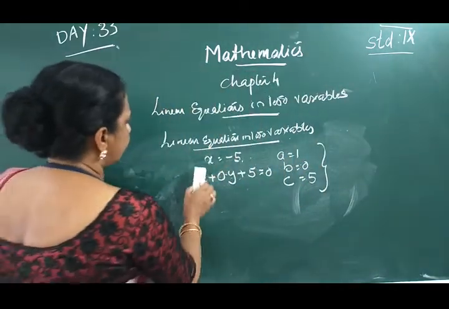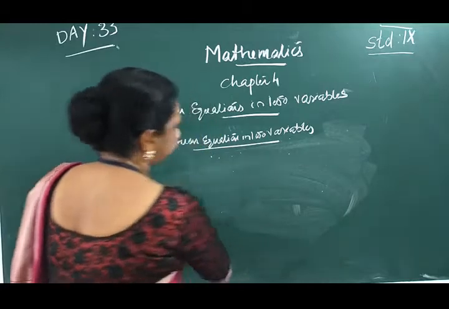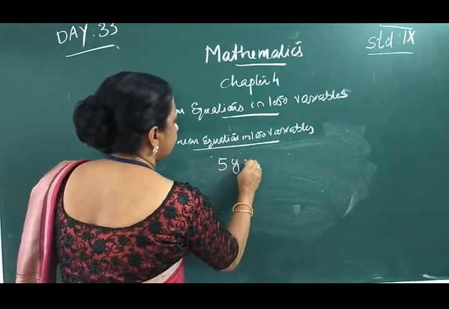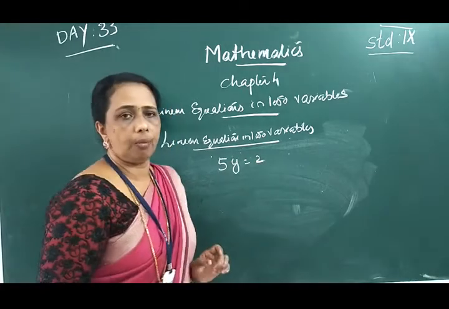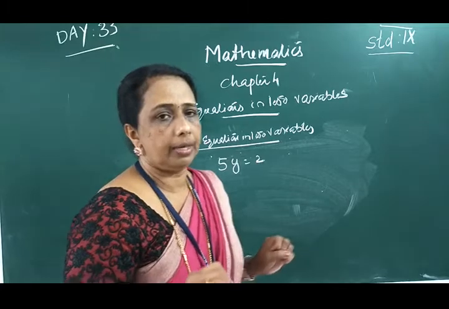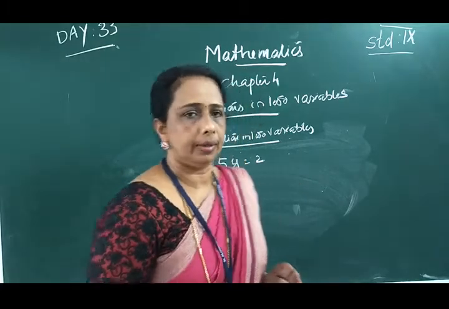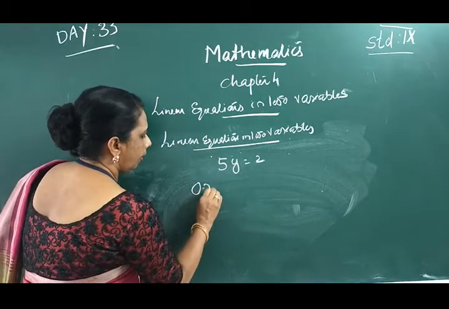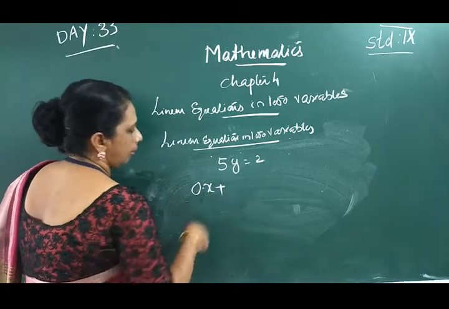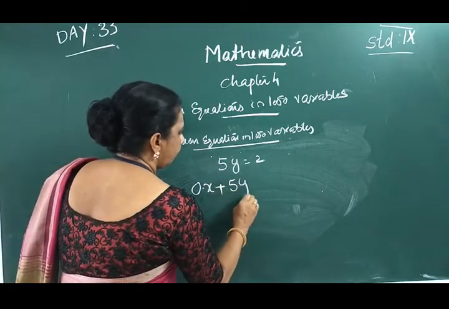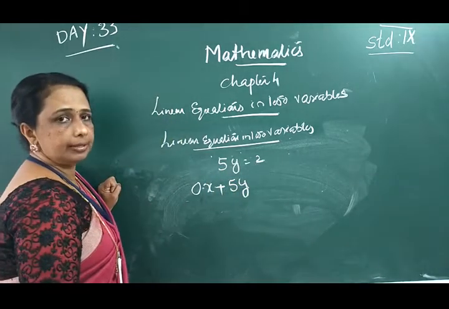One more example is there. 5y is equal to 2. Rewrite in the form of ax plus by plus c is equal to 0, and write what is a, what is b and c. The x term is not there, so we can put 0x plus 5y, plus c.